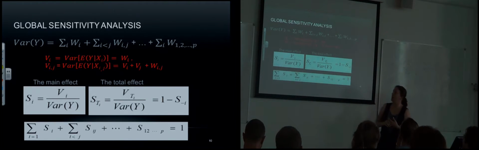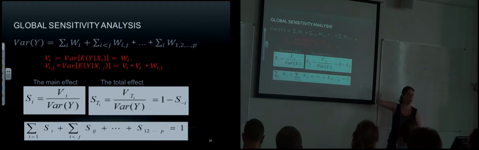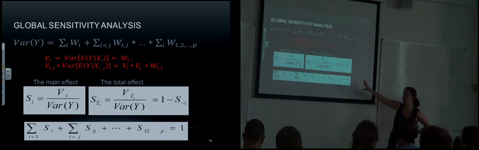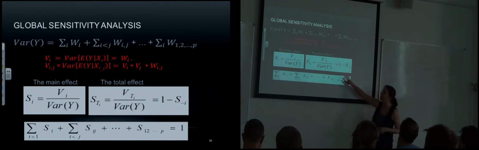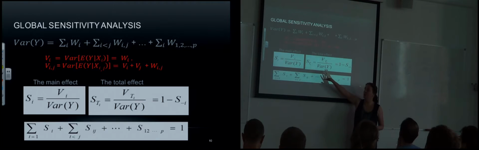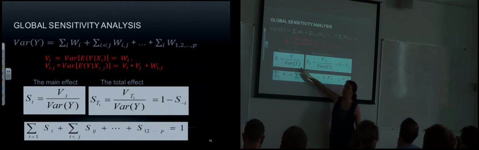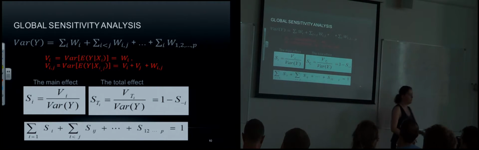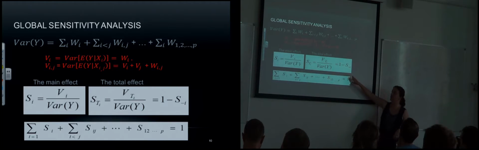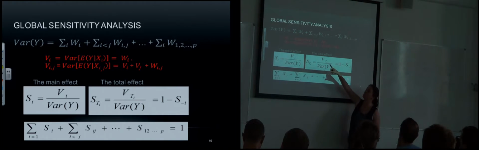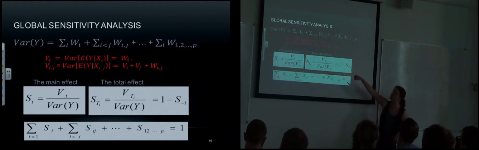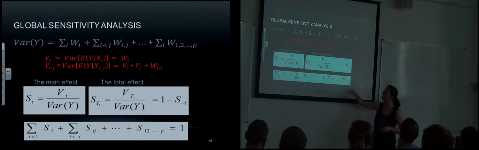So I'm not actually sure whether you went into sensitivity analysis or not. I'm sorry, I haven't been here all week. But we're just using these two indices here, the main effect and the total effect. So if our variance is made up of these different indices, the Wi, that's our uncertainty from a single parameter, okay?